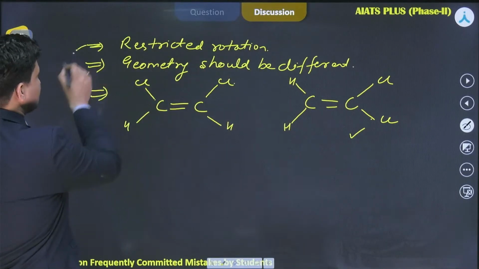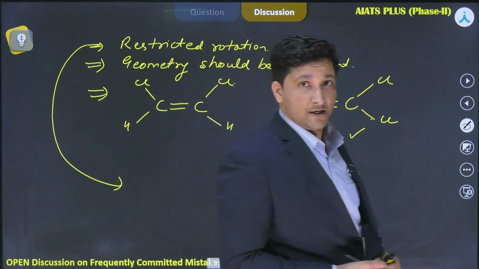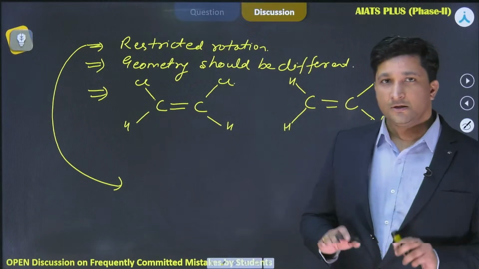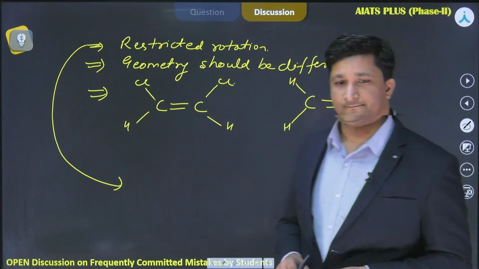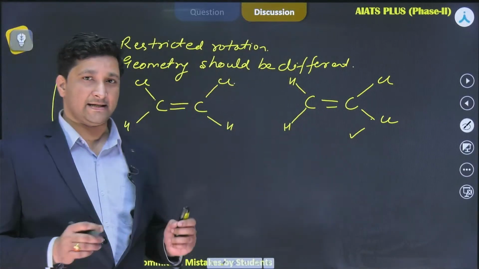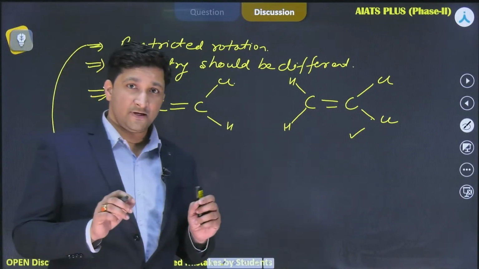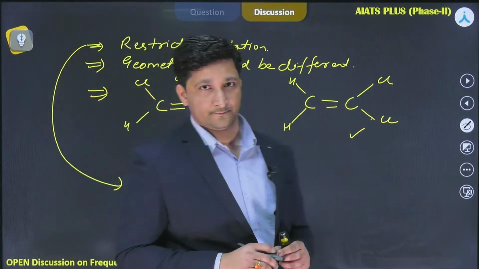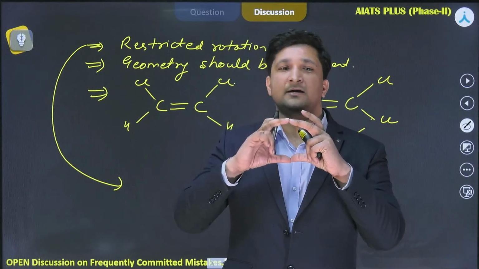Now, restricted rotation is possible in various types of compounds, but from the NEET point of view, you have to take care of basically alkenes and cyclic compounds. Even if a cycloalkane is there, if a cyclic structure is there, there is restricted rotation.